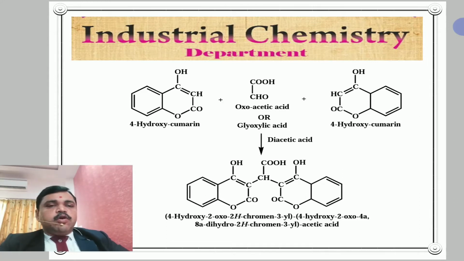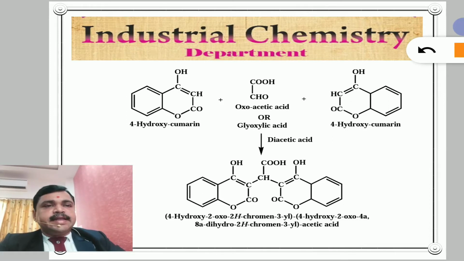We get 4-hydroxy 2-oxo 2-hydrochromen 3-yl, 4-hydroxy 2-oxo 4A 8A dihydro 2-hydrochromen 3-yl acetic acid. We see the detailed reaction.